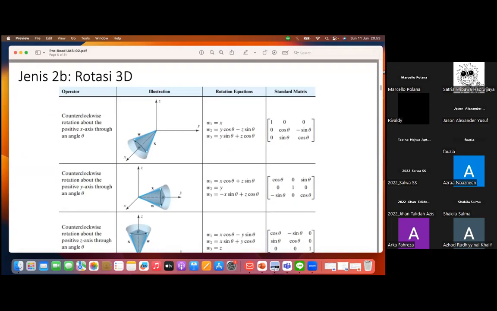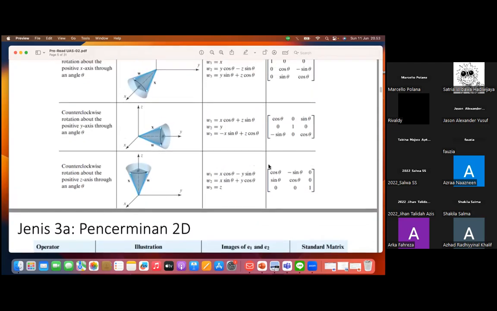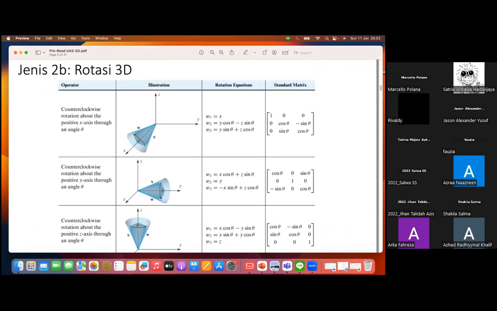Same goes here. So you just have to analyze that if x is the axis of rotation, that means that row and column don't change. Same goes for y and z. This y is a bit different, so just be careful here. And for z, this is the matrix. As usual, I cannot help you much. This is memorization.